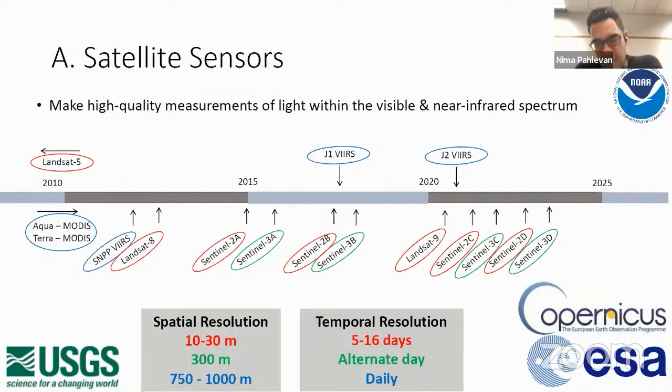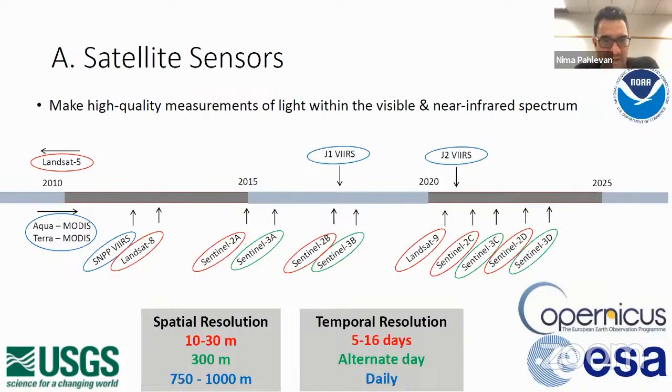I'm showing a time scale from 2010 going forward towards the 2025 and 2030 timeframe. Right now, what you can see is we have different flavors of satellite observations that collect data at different spatial resolutions, as well as spectral resolutions, as well as temporal resolutions. So these come with many different characteristics. The specific satellite systems highlighted in red come with a 10 to 30 meter resolution.